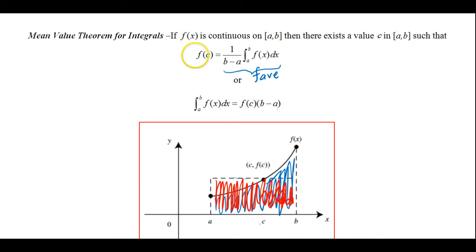So the mean value theorem says that there's some place c between a and b such that I can find that function value and make it the height of a rectangle, and that rectangle's area is the same as the area under the curve f of x from a to b.